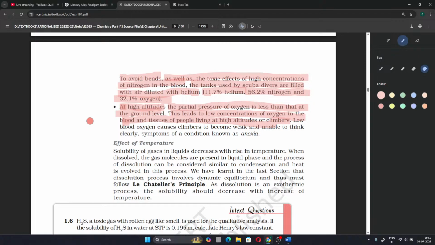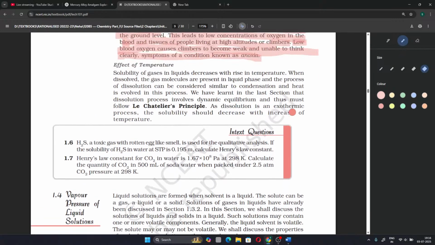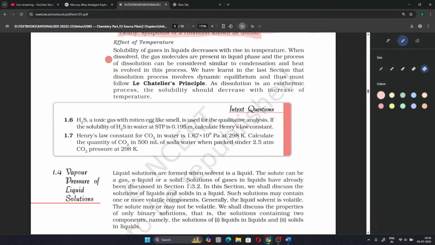Low blood oxygen causes climbers to become weak and unable to think clearly. Symptoms of this condition are known as anoxia. Because of the low blood oxygen, the climbers can't think clearly.